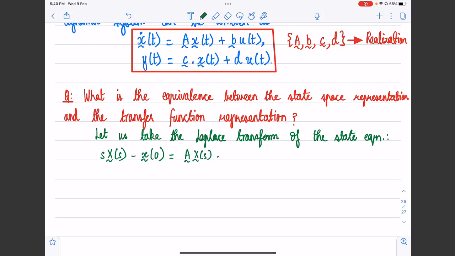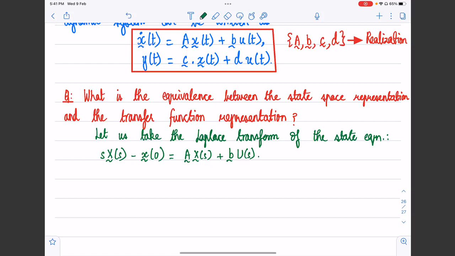As I told you, vectors will be in lowercase unless otherwise I tell you, right? So here, this capital X doesn't mean it's a matrix. It is just the state vector indicated in the complex domain, right? Because our notation for complex valued functions was that we denote the transform function by the corresponding uppercase character, right? So that's what we are doing here.